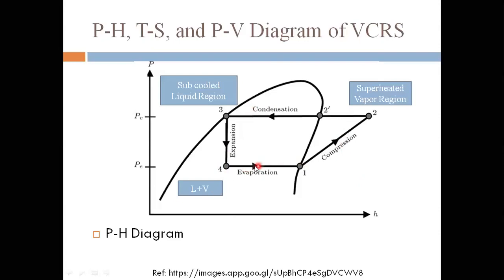So this is the pH diagram of the VCRS. Whenever you use the pH diagram, indicate the refrigerating effect and W compressor. It is used to solve examples as well as for the mathematical analysis of the VCRS.